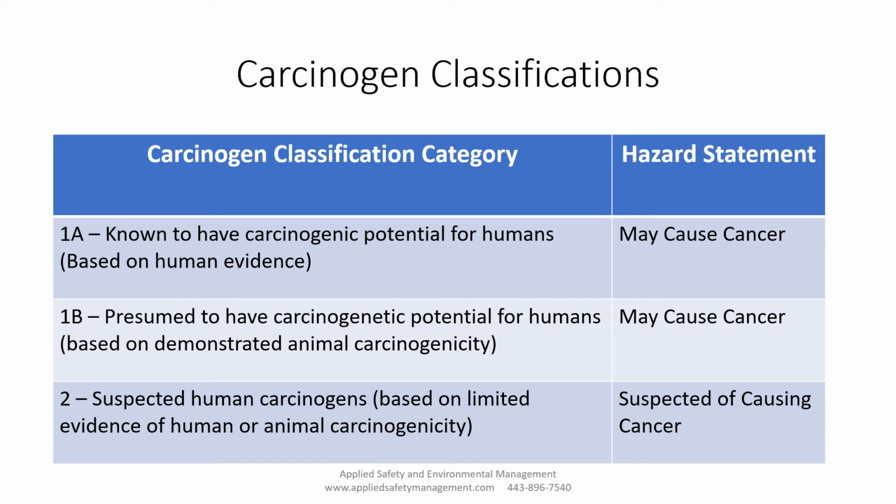They always have to say may cause cancer or suspected of causing cancer because you could still be exposed to these chemicals, and of course the human body is so different. When we look at diet, nutrition, exercise, all the different variables that we bring to the table every day, you could be exposed to something all day, every day that's a cancer agent and never develop cancer.